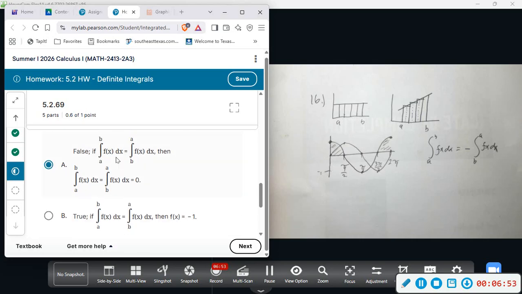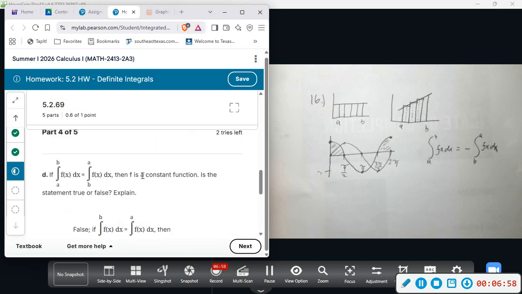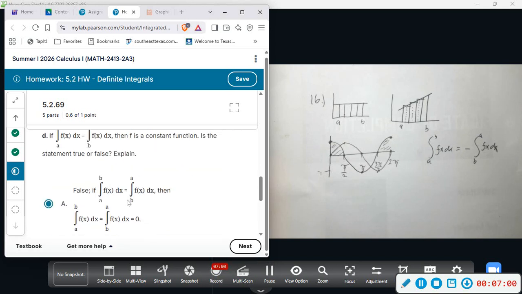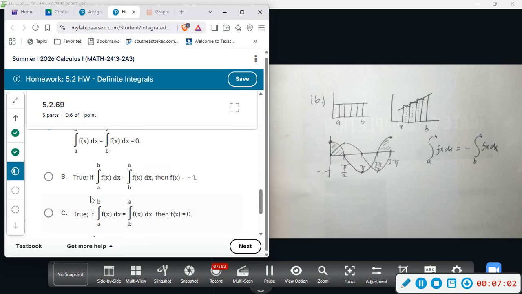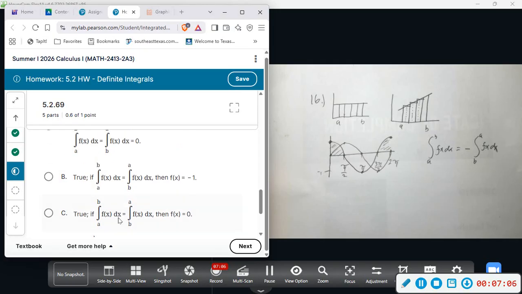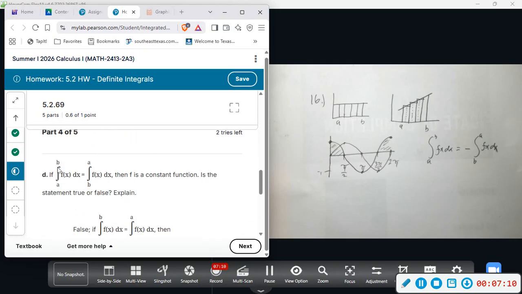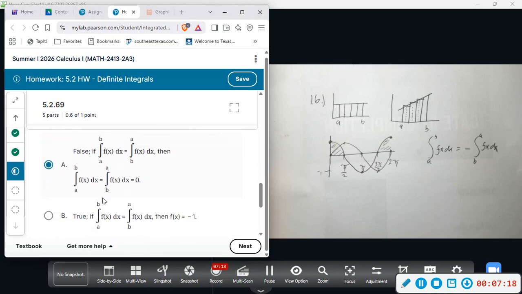What is the difference? This one just says false. It wouldn't be true for a constant, it would be true for 0. So the difference between those is the true or false. If this holds, then f is a constant function, and it could be any constant function. So I would say false. It has to be 0.